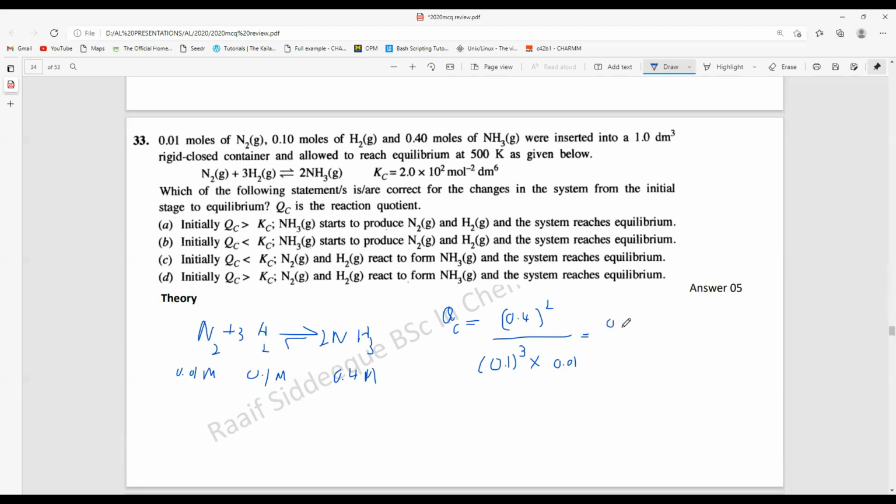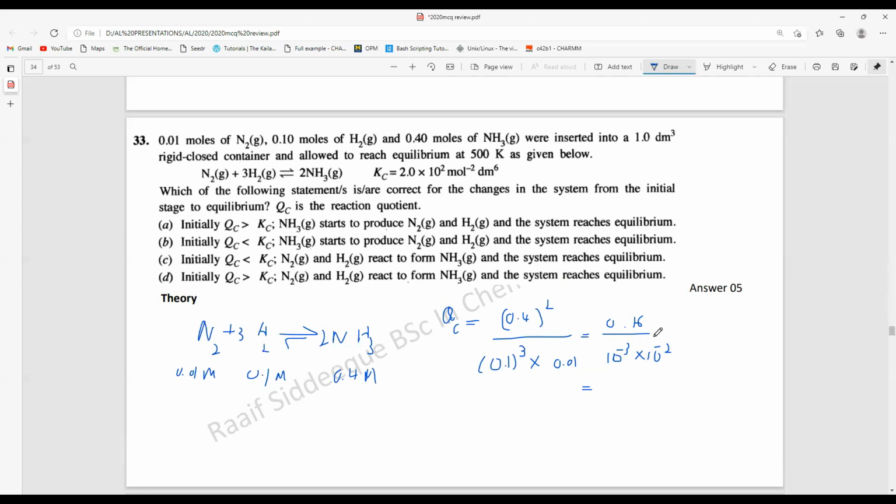So here it will be 0.16 over 10 to the power minus 3 times 10 to the power minus 2, so basically my initial Q is 0.16 times 10 to the power minus 5.